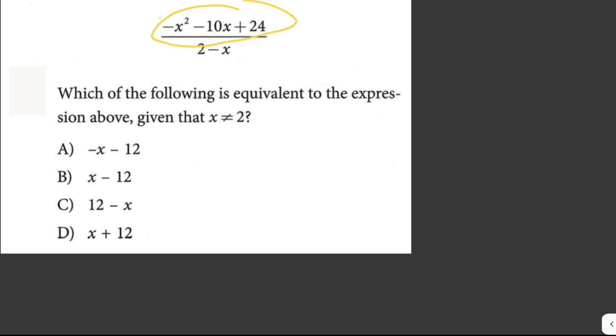But we have a negative quadratic here, so this is a bit tricky. We can start by factoring out negative 1 from the numerator and the denominator. So that would be negative x squared minus 10x plus 24 over 2 minus x. Let's try factoring out negative 1 from both the numerator and denominator.